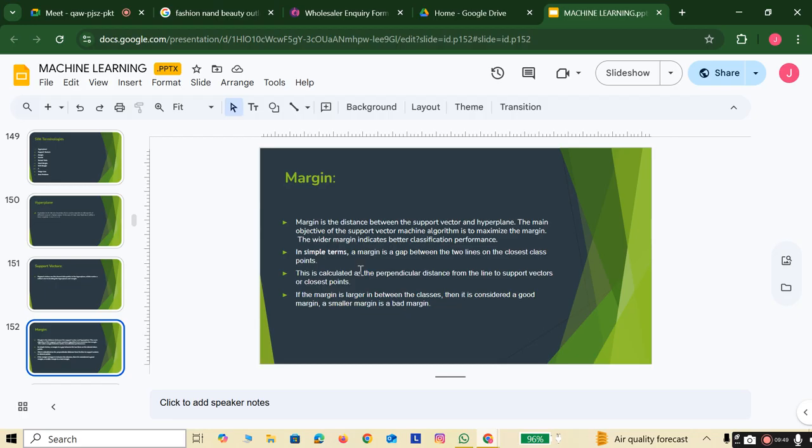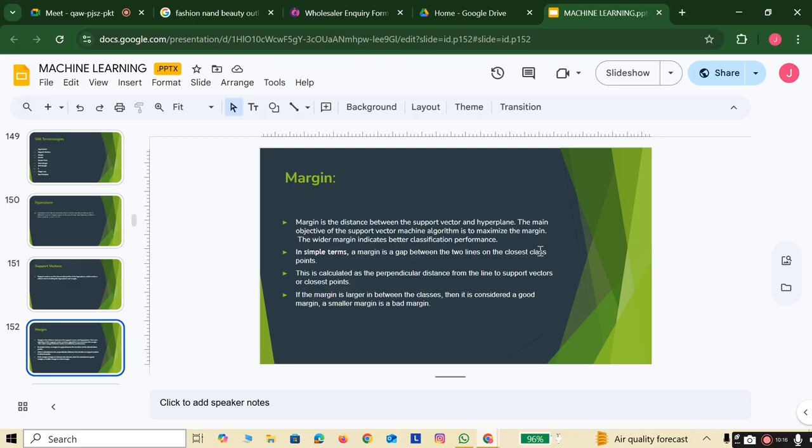The main objective of the support vector machine algorithm is to maximize the margin. What I love about our role is that you are always trying to answer a problem. In support vector machine, we are always trying to enlarge this margin to make it as big as possible so that the separation is realized at a very effective degree.